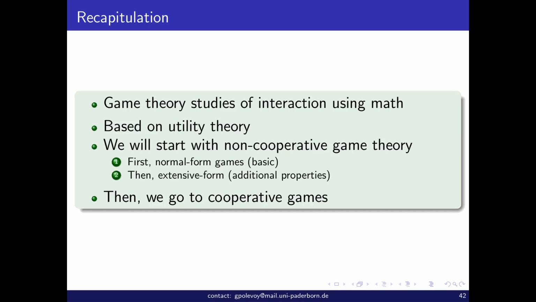And to wrap up what we've done, game theory is a fascinating topic of studying interaction using math. We model psychological, social, economical, and other interactions, and then we mathematically analyze them.